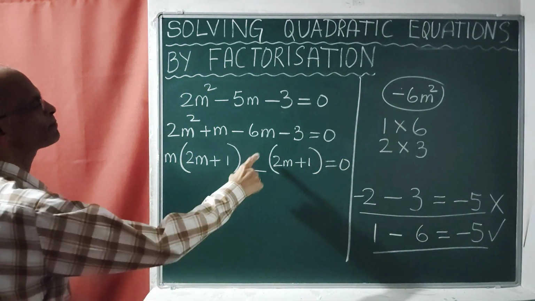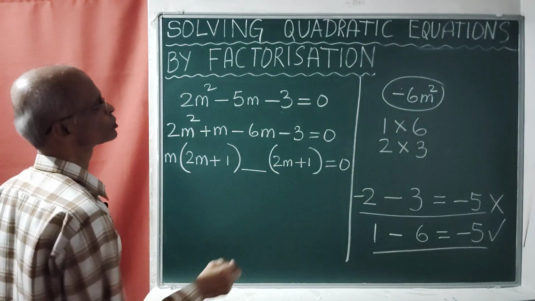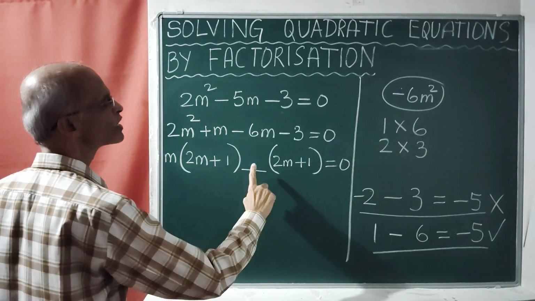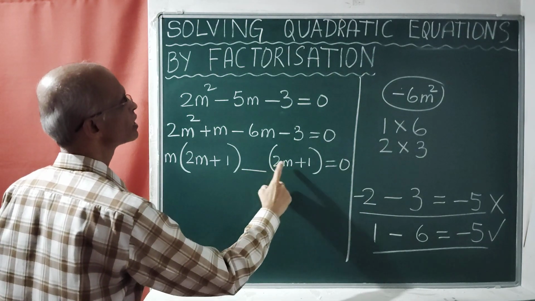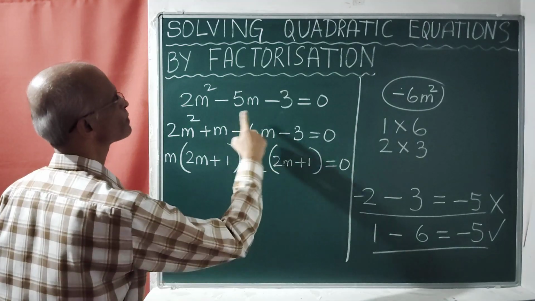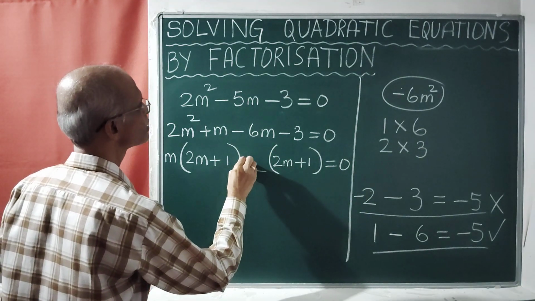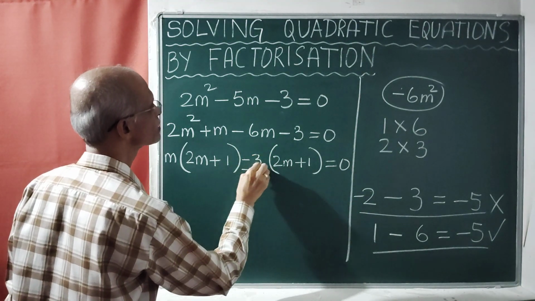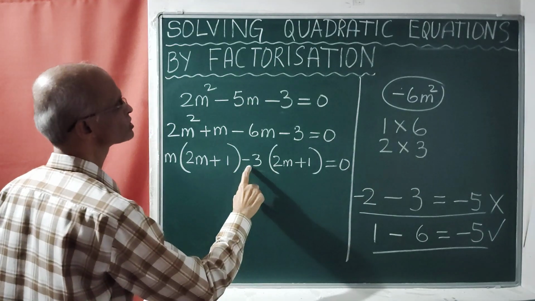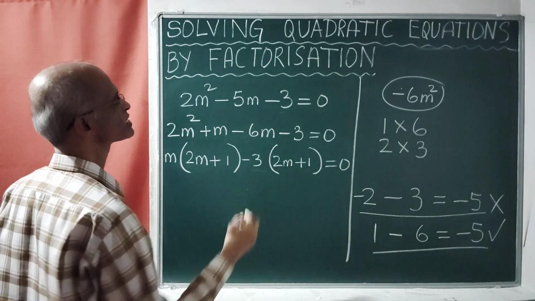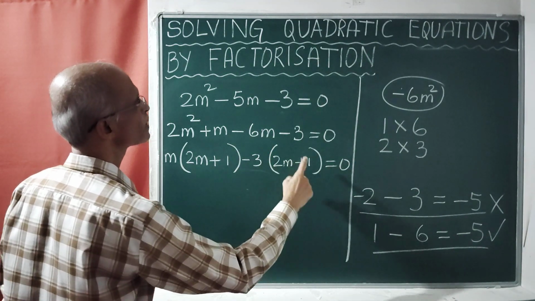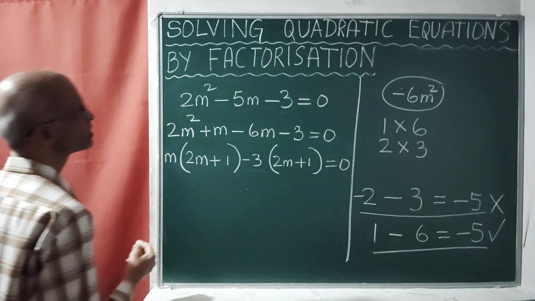Now I have to fill the gap such that when I multiply these two, I should get minus 6. So I am filling it with minus 3. Minus 3 into 2, minus 6m. Minus 3 into plus 1, minus 3.